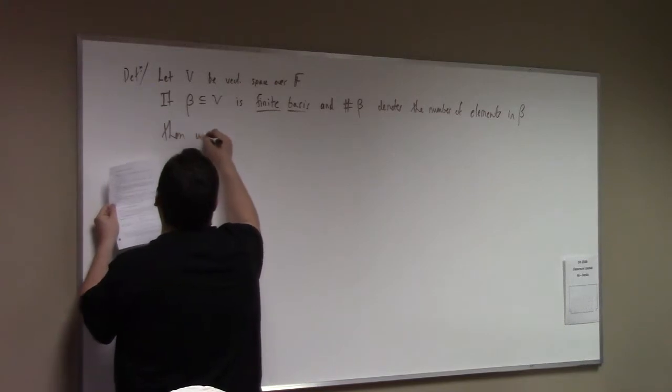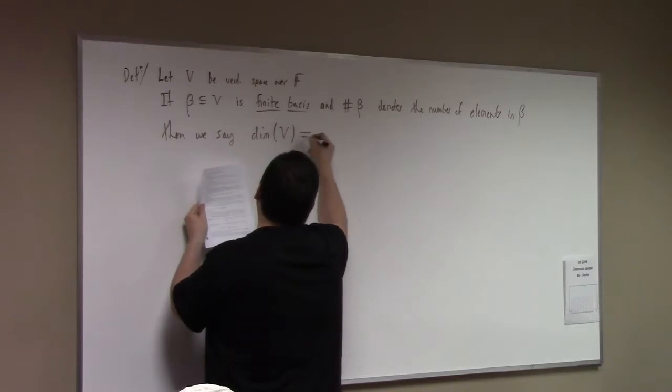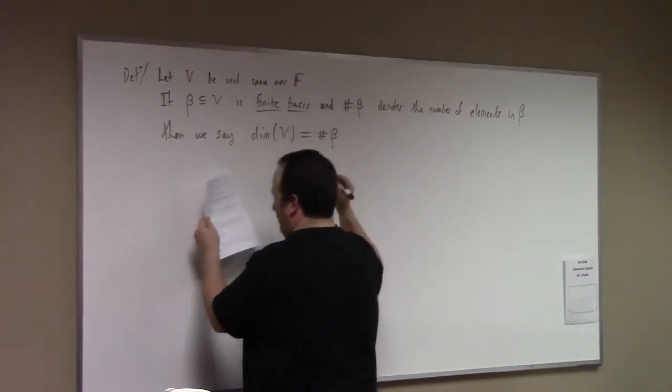Then we say the dimension of V is equal to the number of elements in beta. Right.